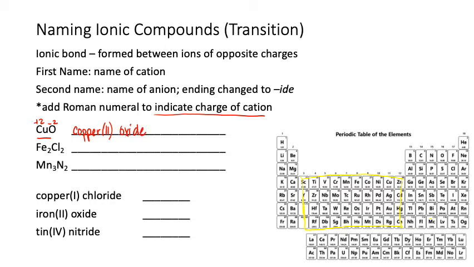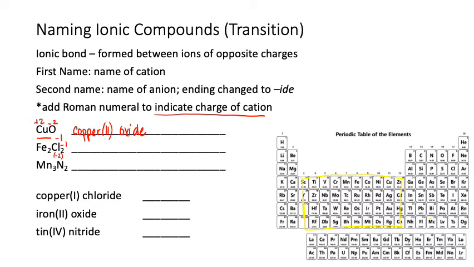Looking at the next one, we have Fe2Cl2. Fe is of course iron, and it's a transition metal here, so it can have numerous cationic states. So we're going to look again to the anion. We have chlorine. Chlorine's a -1 because it's in group 17. Here we have two of them, so that's 2 times -1, a total of -2.